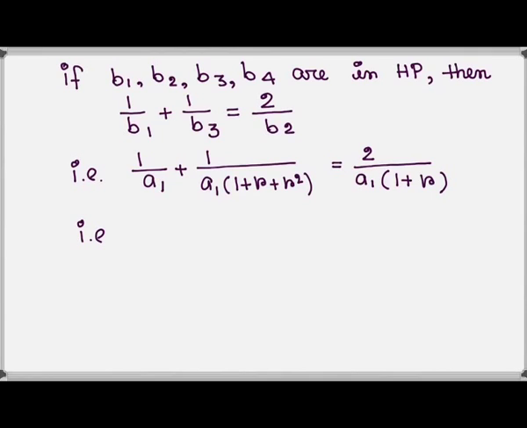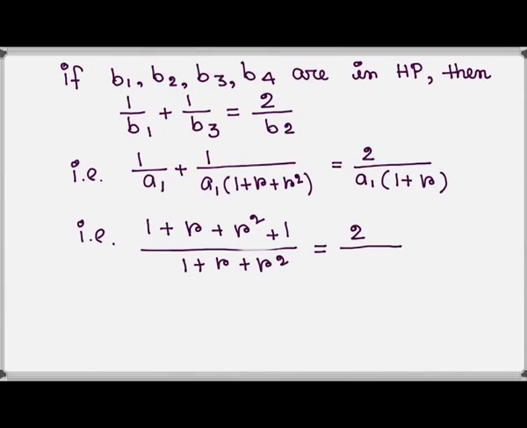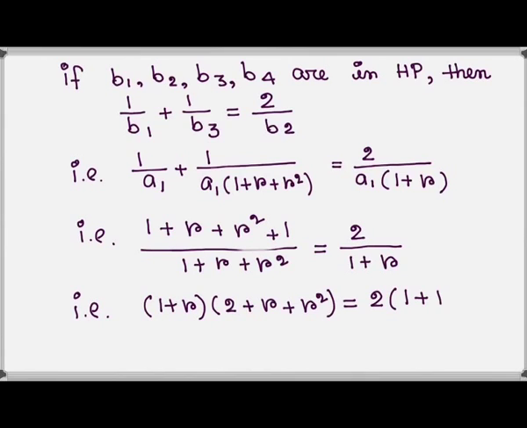That is, we shall have 1 plus r plus r square plus 1 divided by 1 plus r plus r square is equal to 2 by 1 plus r. That is, 1 plus r into 2 plus r plus r square shall be equal to 2 into 1 plus r plus r square.